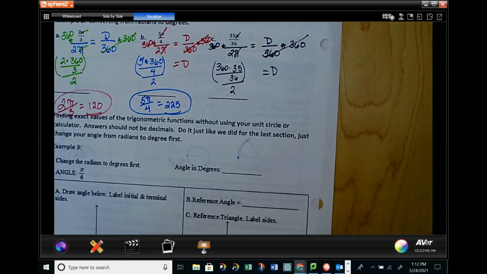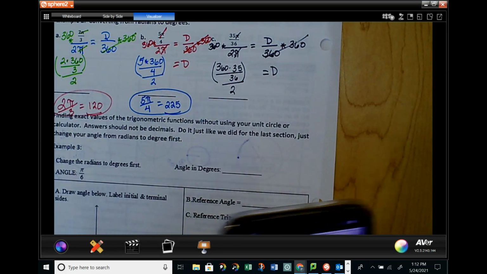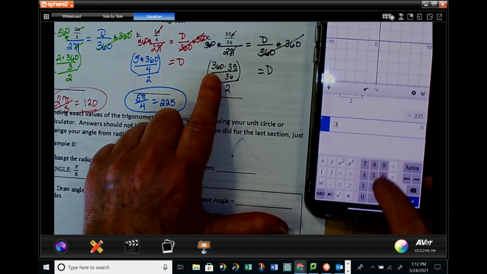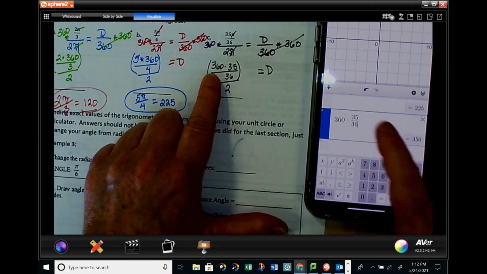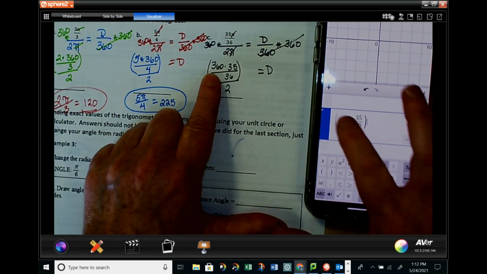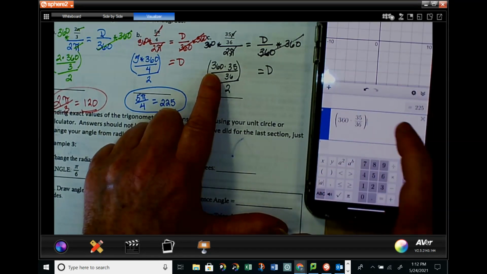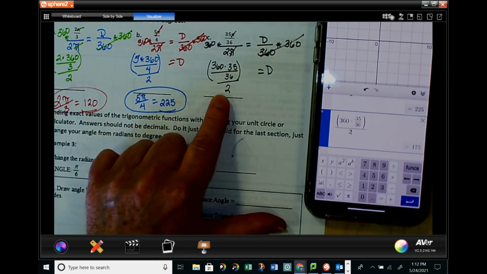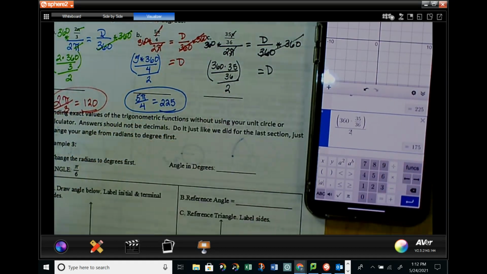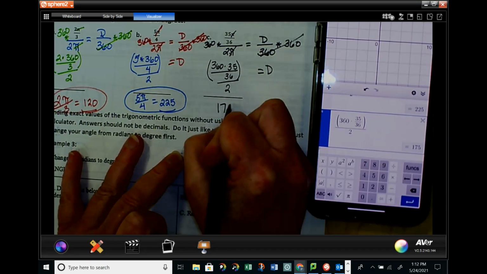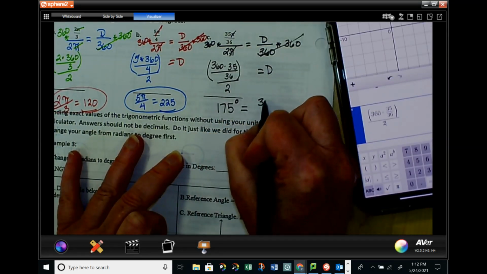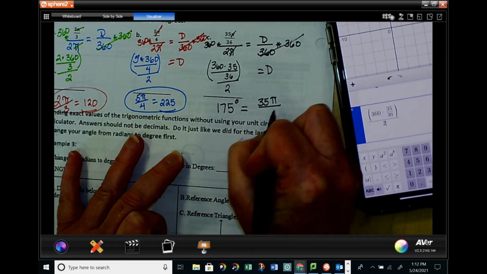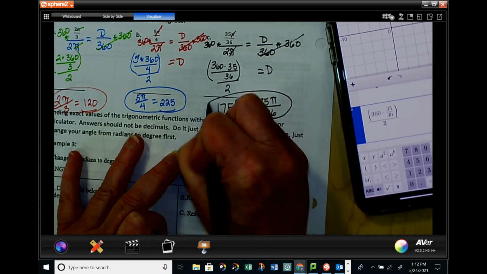Again, we have our little machine, our little friend. I'm going to go 360 times 35 divided by 36, put that in parentheses, and then divide by 2. And I get 175. So 175 degrees is the same as 35 pi over 36. Those are equivalent.